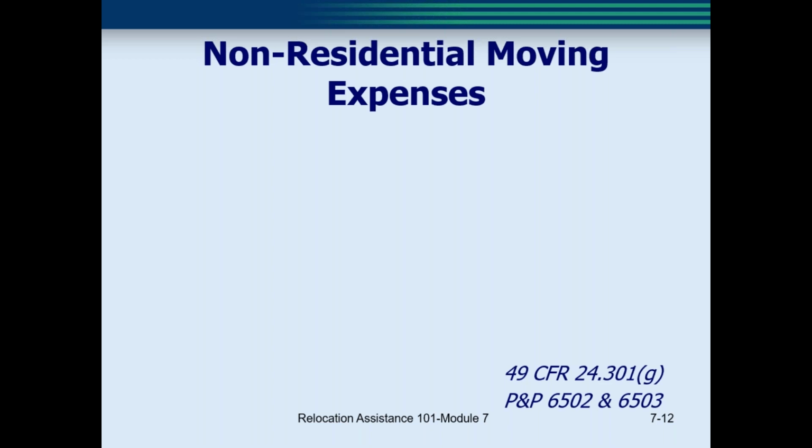So let's talk about when you're asking for the move cost, you're doing up your inventory, you're doing up your move specs. What are expenses that are eligible for moving for a business, farm, or a nonprofit? And they're really similar to what we talked about with residential. You've got your transportation, and the transportation again is up to 50 miles, unless there are really unique circumstances.